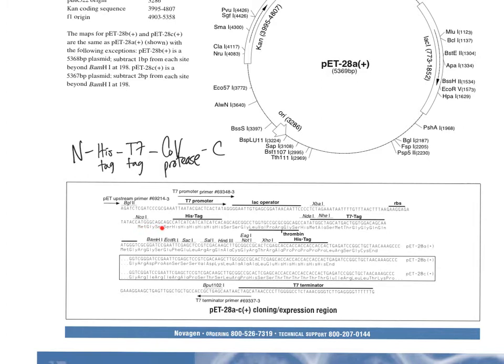And so this is going to go through and give us a His tag and a T7 tag. Now, because we specified that we want these, then we're going to clone somewhere in here. So your job at some point is to take a look at these restriction enzymes and say, would any of these work?